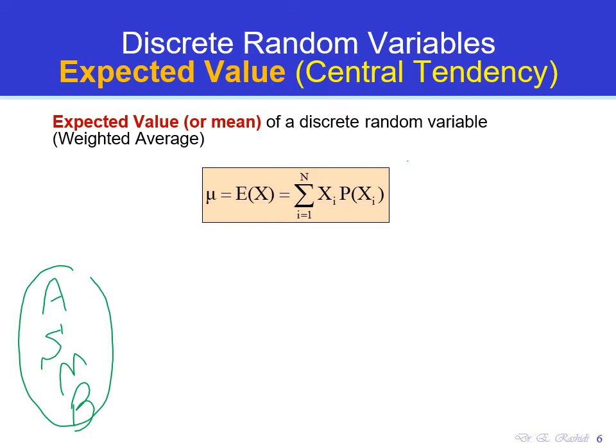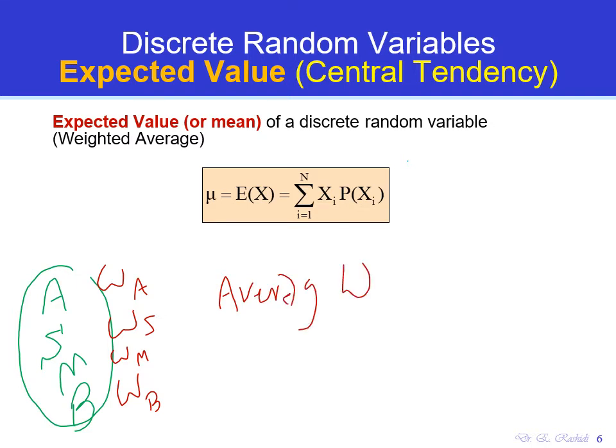Suppose W_A is the weight of Alex, W_S is the weight of Sarah, W_M is the weight of Margaret, and W_B is the weight of Bob. To find the average weight, I'm going to show it by mu.